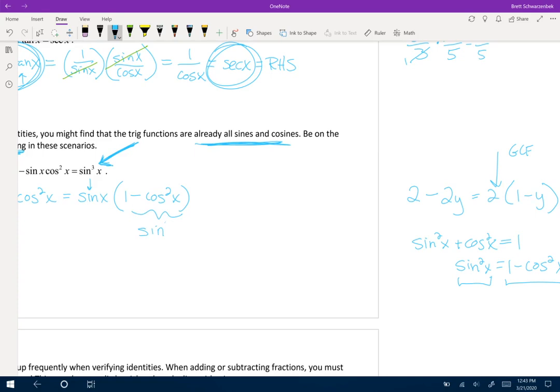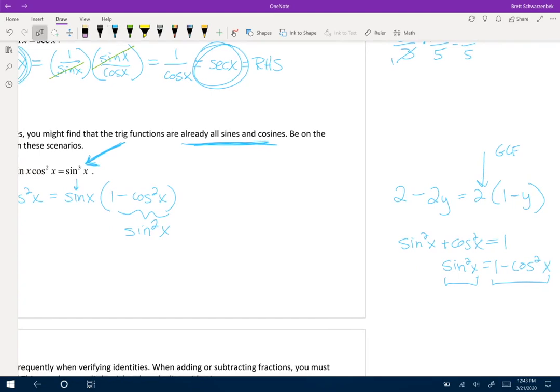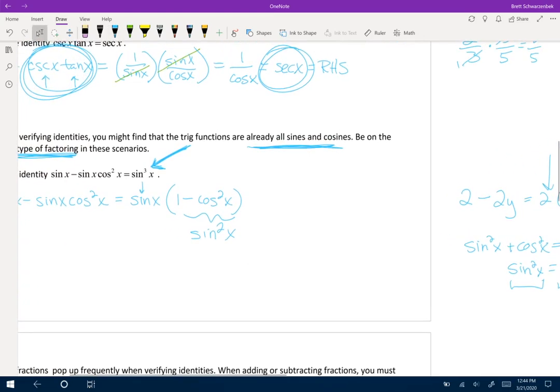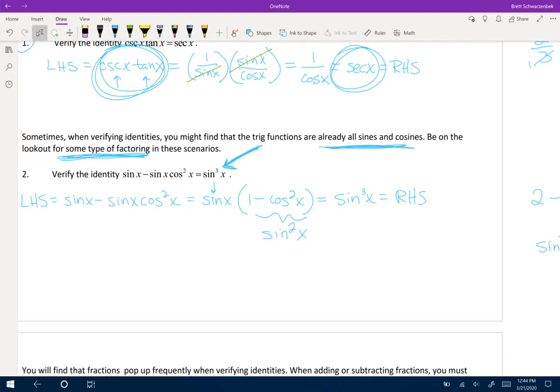And by the way, that is another form of Pythagorean identity. It's just one that you have to view, and this is something to be on the lookout for in the future. And if we then multiply these two things together, we are going to get sine cubed x, which is equal to our right-hand side. So this would be the end of the proof.